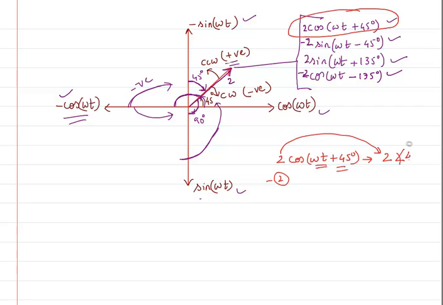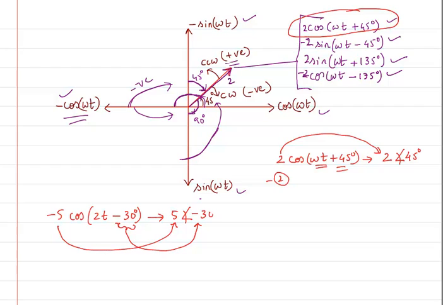So here it will be 45 degrees. Correct? Now 5 cos of omega t minus 30 degrees can be written like this. First I write the magnitude 5. How much is the angle? Whatever is here, minus 30 degrees. So you have to take the angle with its sign.